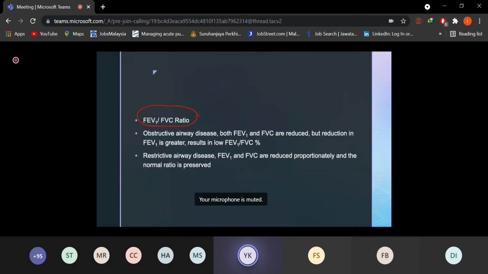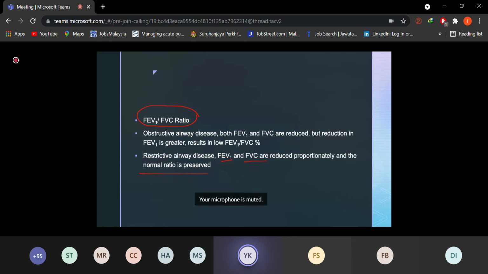In obstructive airway disease, both FEV1 and FVC reduce, but the reduction in FEV1 is greater, resulting in a low FEV1 to FVC percent. While in restrictive airway disease, FEV1 and FVC are reduced proportionately and the normal ratio is preserved.